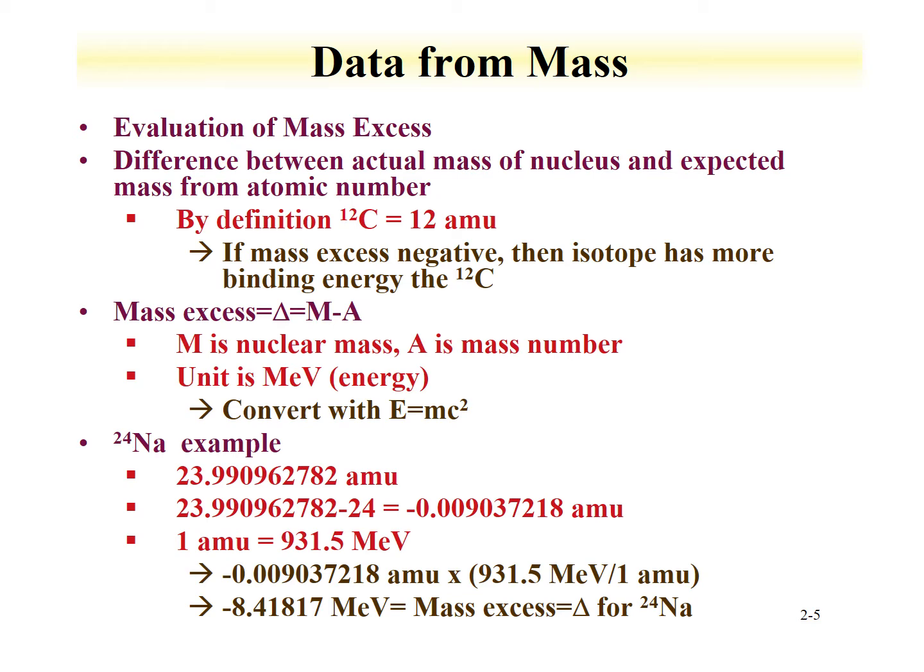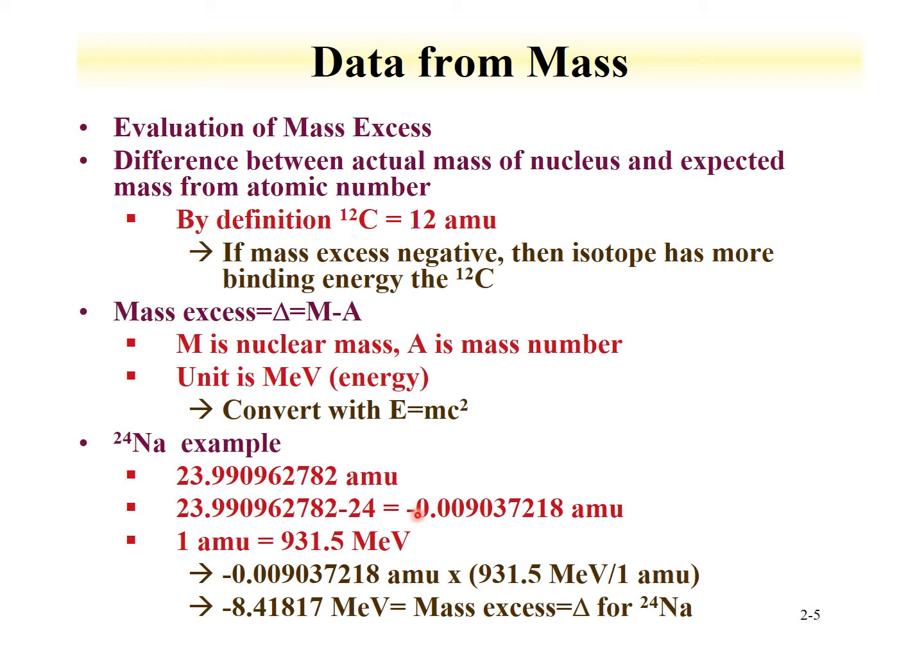So this is a value that we could use for equations, and it's a way of quantifying how changes in this mass and atomic mass unit can be used to help us understand reactions. So right now all we've done is define this mass excess term, which is the atomic mass unit minus the A of that isotope.